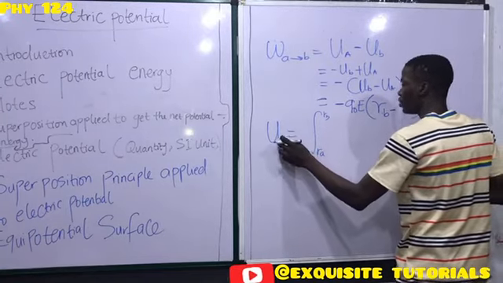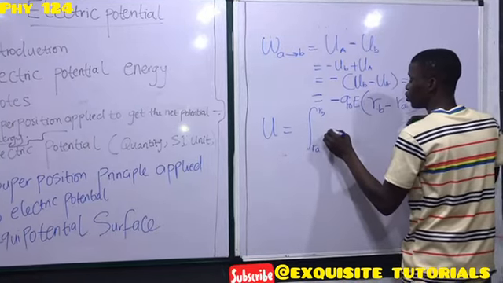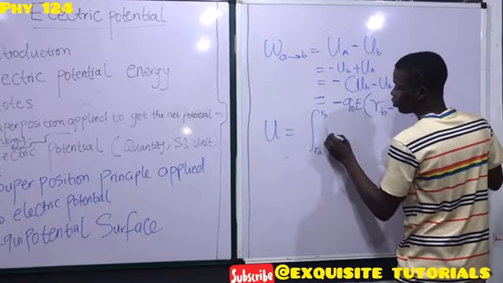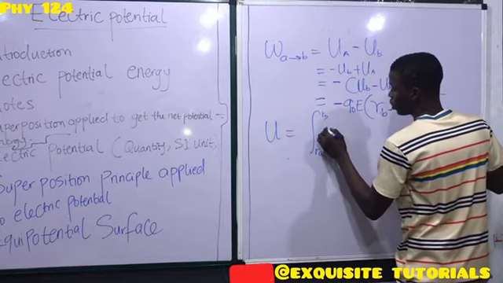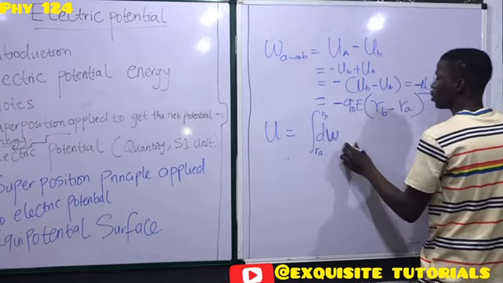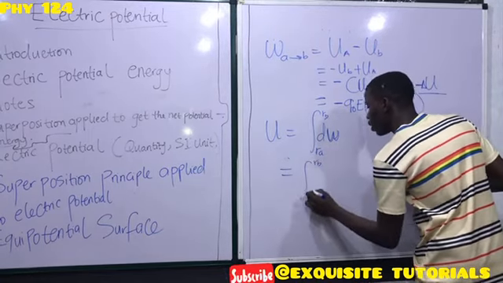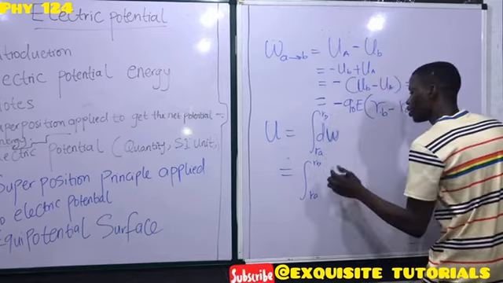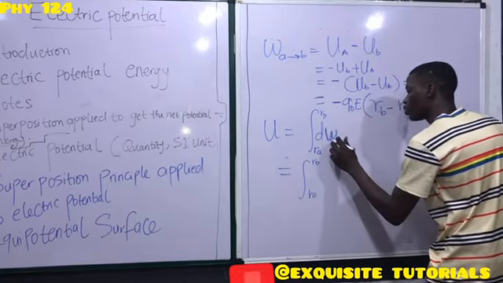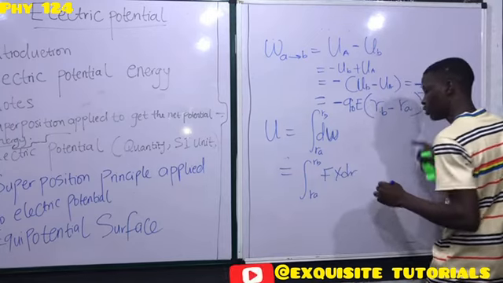Since we are dealing with electric potential energy and it is equal to the work done, which is therefore equal to the integral from r A to r B. The work done is equal to the force times the distance r.